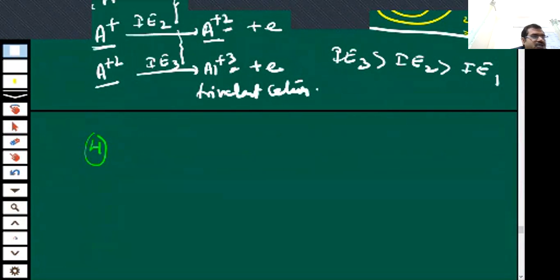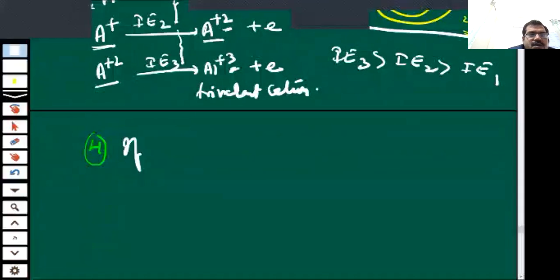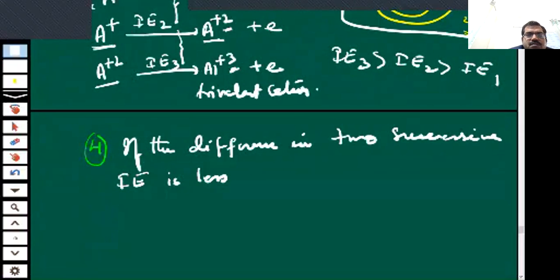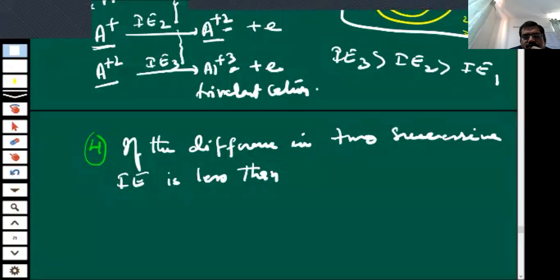So if the difference in two successive ionization energies is less than one value, I am giving you 1450 kilojoule per mole.